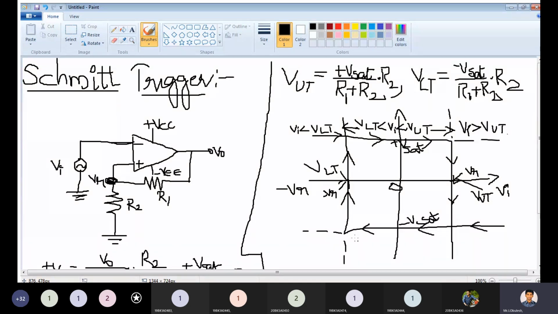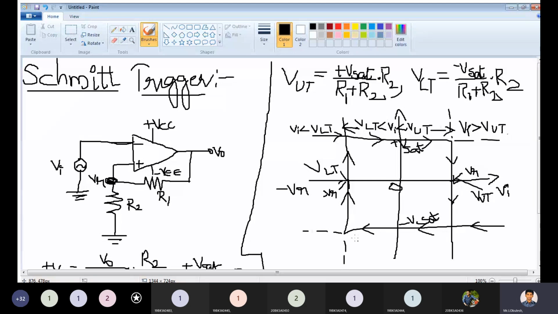The output voltage is either positive V saturation or negative V saturation. If it is positive V saturation, this is the upper threshold voltage. If it is negative V saturation, this is the lower threshold voltage.